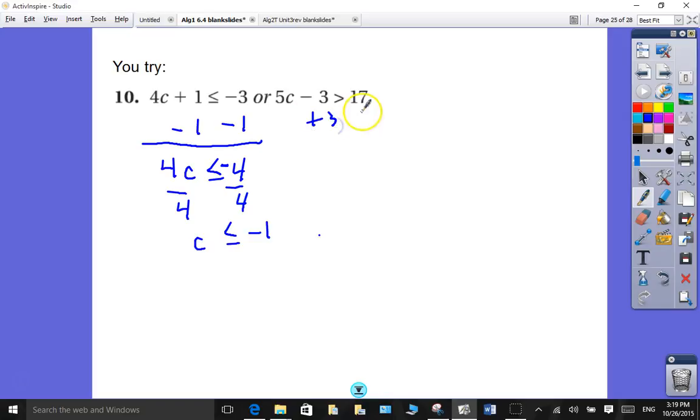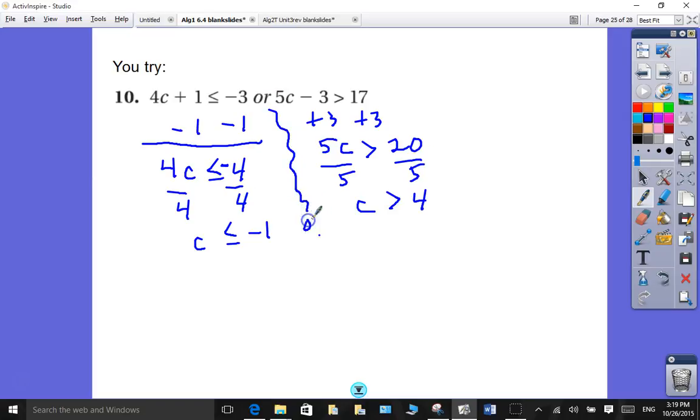Add 3, add 3. 5c is greater than 20. Divide 5, divide 5. c is greater than 4. And again, I'm going to bring down my or graph.